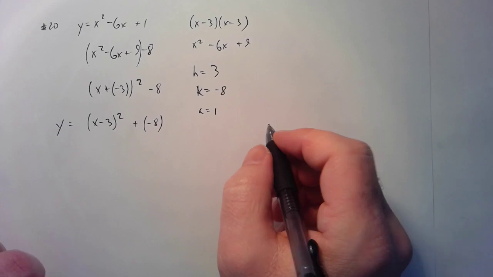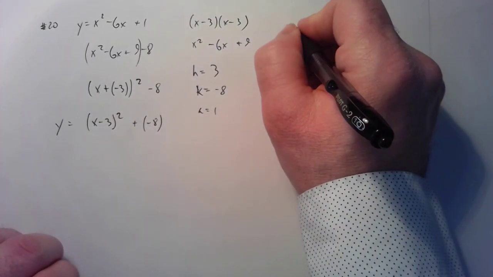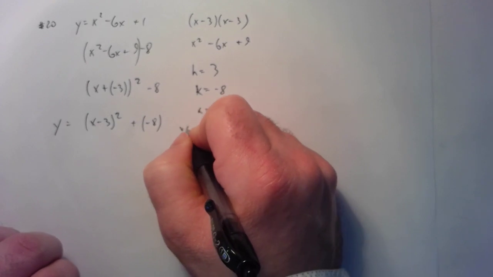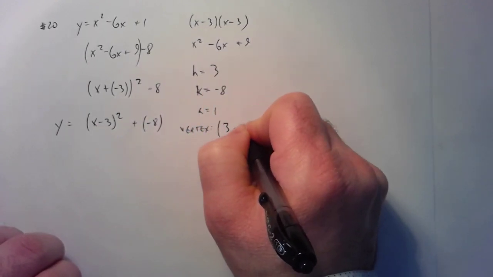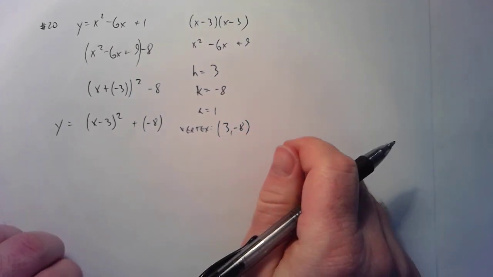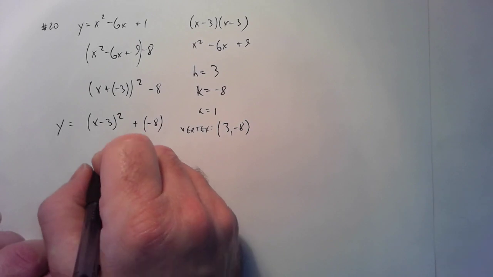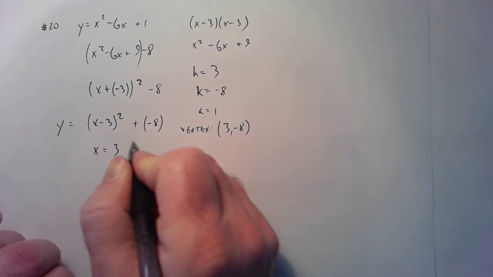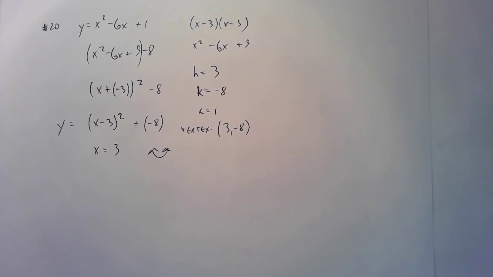So this thing opens up, and it has its vertex at the point (3, -8). It has an axis of symmetry of x equals 3, and it opens up. Here's number 20.